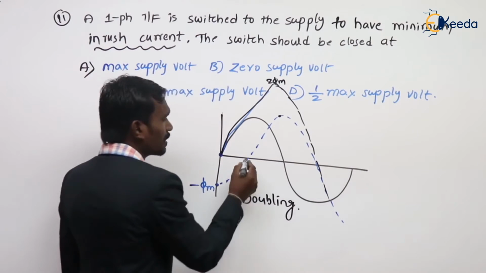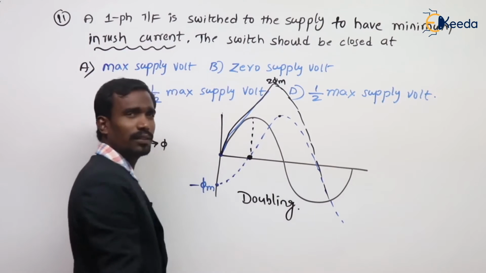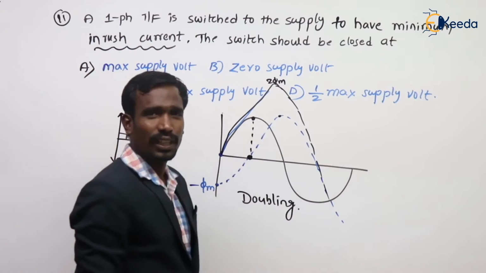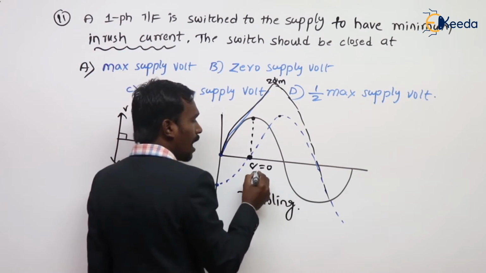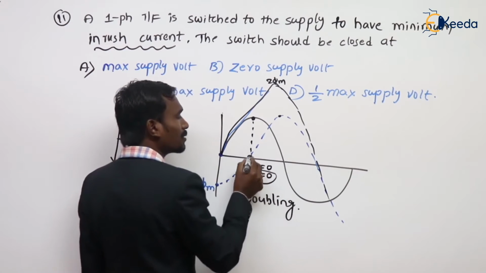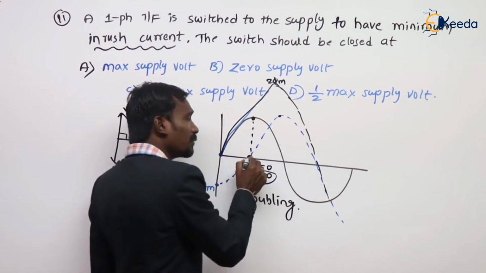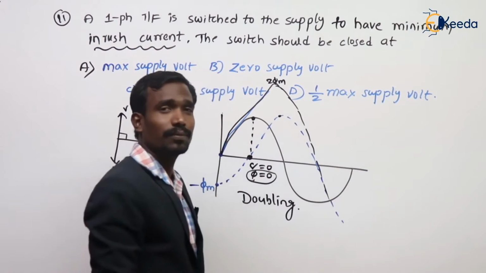But if the switch is closed at maximum voltage condition, at this condition the flux is 0, our desirable flux is also 0 and the actual flux is also 0. Because the flux starts from here itself, it starts increasing and decreasing.